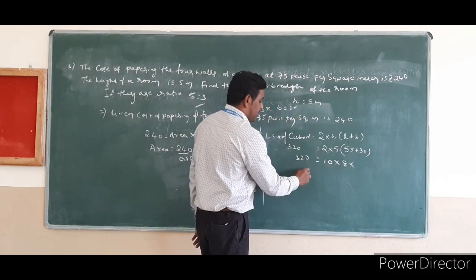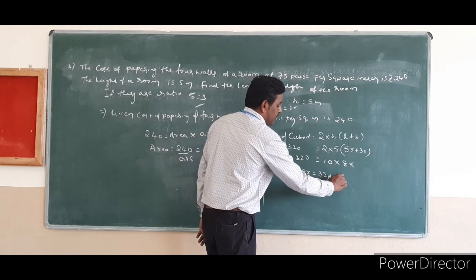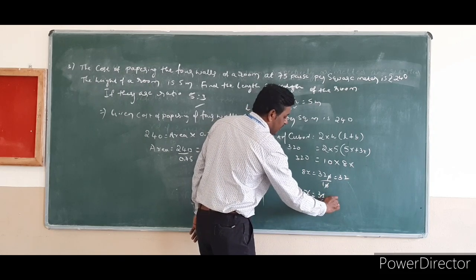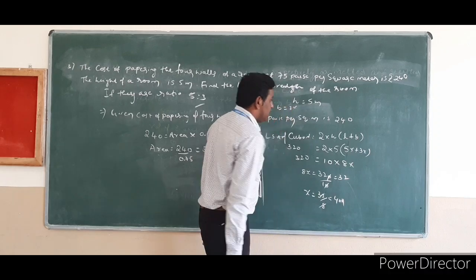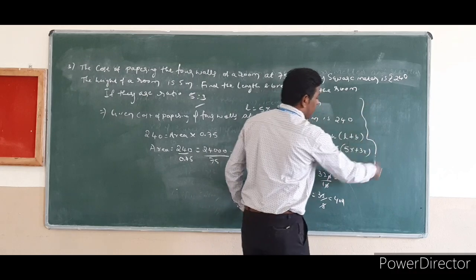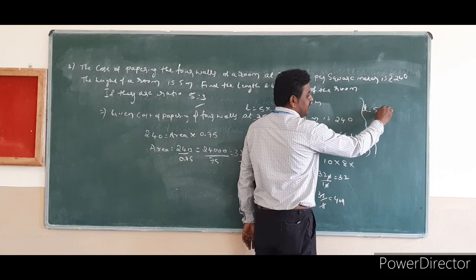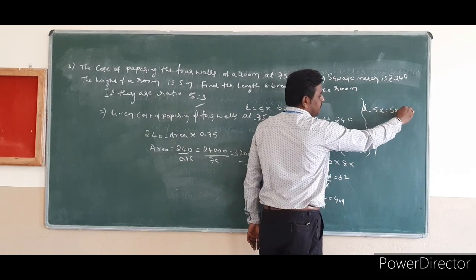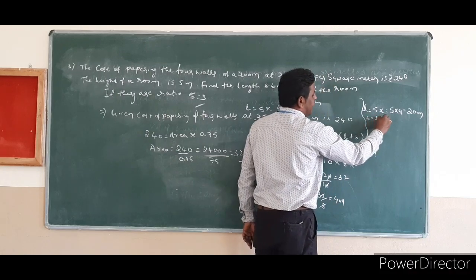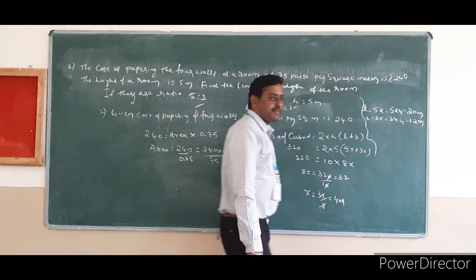First we find the x value. 8x is equal to 320 divided by 10, that is 32. x is equal to 32 divided by 8, that is 4 meter. Then we can easily solve: length is 5x, 5 into 4, 20 meter. Breadth is 3x, 3 into 4, 12 meter.